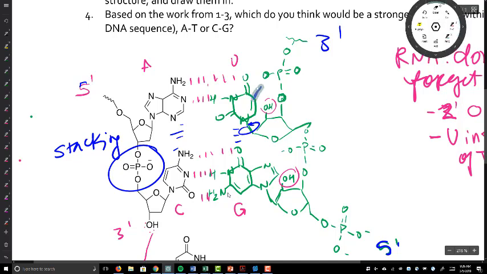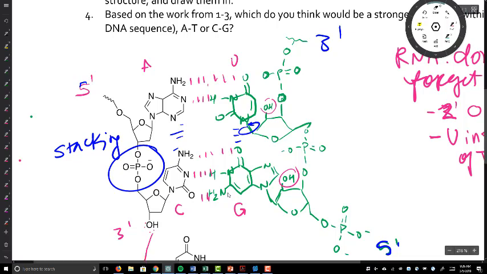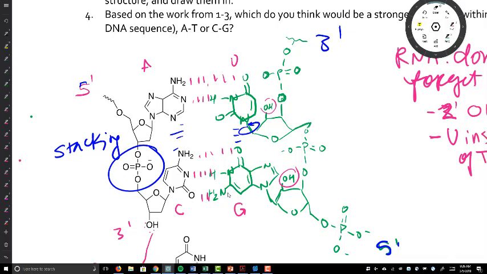And then also the other difference between RNA and DNA is that RNA has a 2' hydroxyl that I've circled in pink, and DNA, deoxyribonucleic acid, as compared to ribonucleic acid for RNA, because RNA has ribose, DNA has deoxyribose, comes from that 2' hydroxyl.